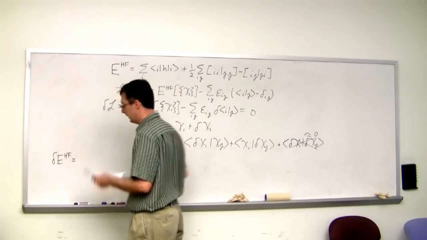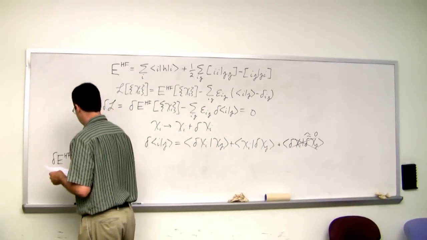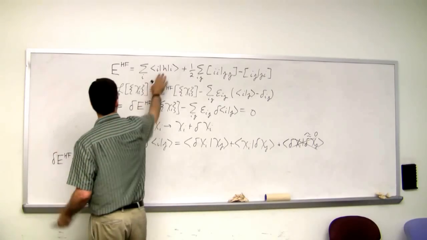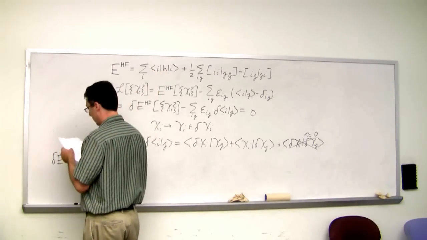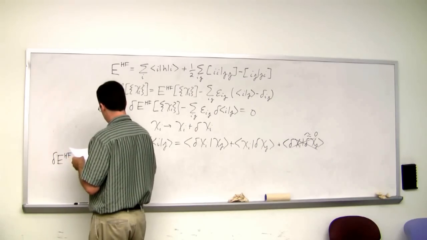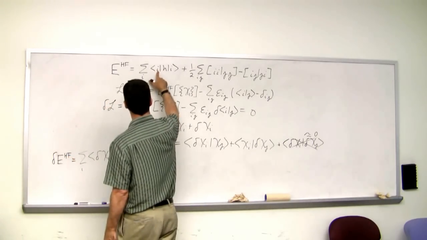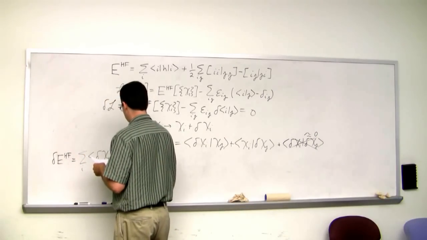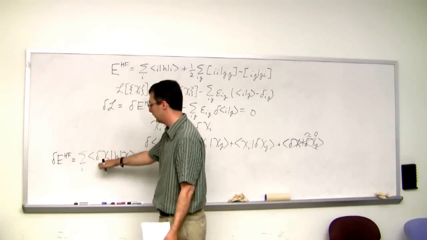So delta E Hartree-Fock is, first part's one electron piece. Well, I could have a delta in the first part. I'll go ahead and write chi's. Remember, I was just the shorthand for chi I, so I'll go ahead and exchange it back out to chi I here. So there could be a delta on the left.